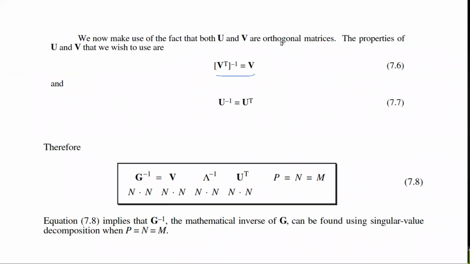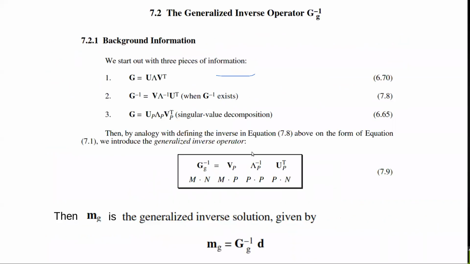So with orthogonal matrices, G inverse is given by this for when none of the singular values are zero. In the case where some of the singular values are zero, remember that the singular value decomposition was given by this UP lambda P VP transpose.